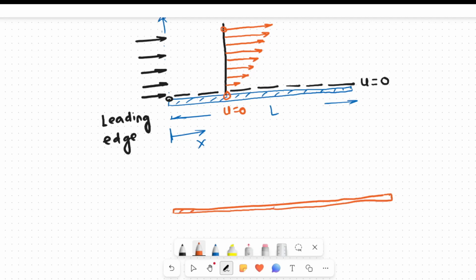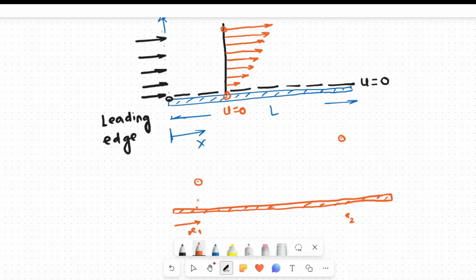So this is the plate. Suppose this is the x1 value. At this point, this dot represents the distance where the value of velocity is equal to the free stream velocity, and at this x2, at this point, the velocity is equal to the free stream velocity.